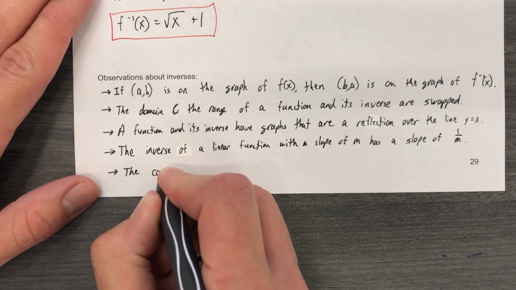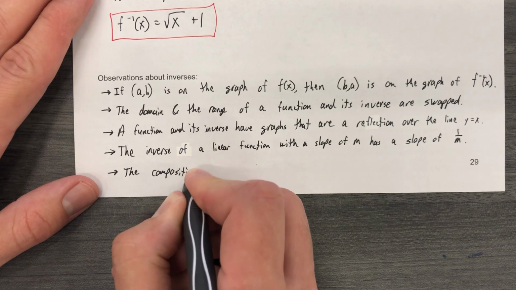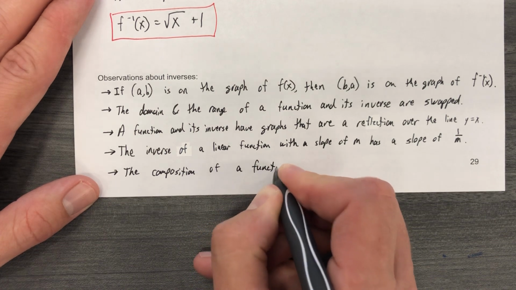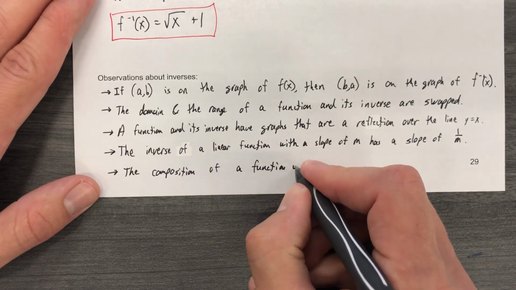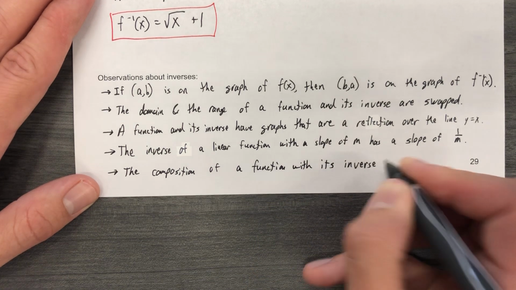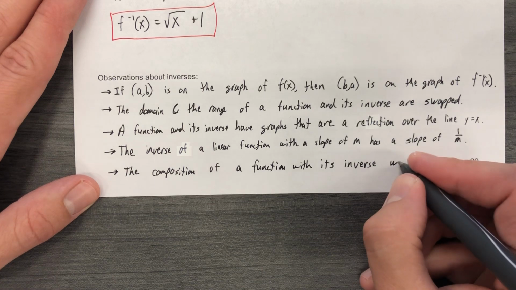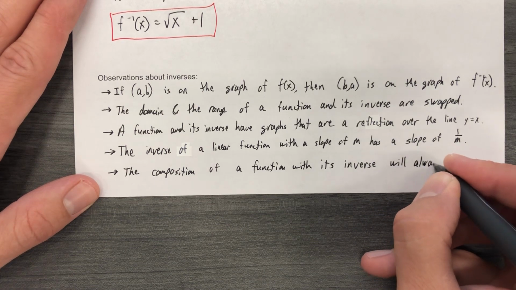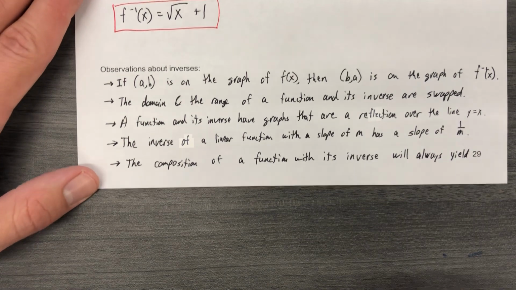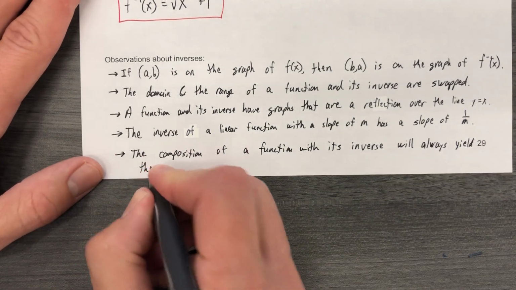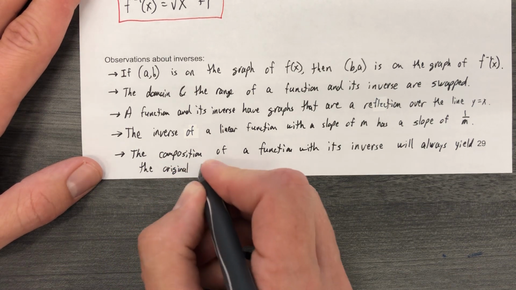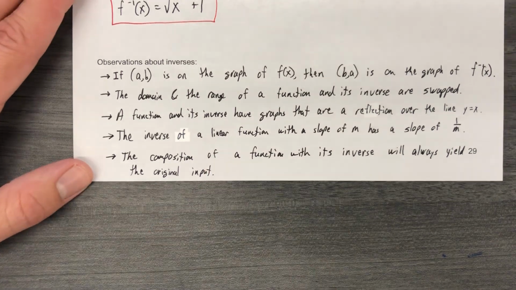The composition of a function with its inverse will always yield the original input. Okay, what in the world does that mean? You'll find out in the next video.